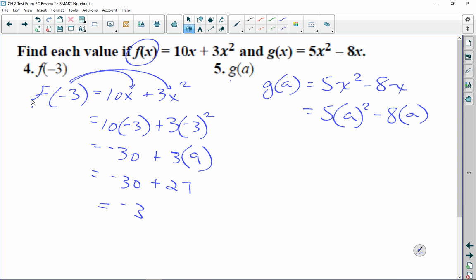Basically, just replace the x with the a. Got to do anything else there? No. The square's on the a, it's not on the 5. I'm done then. That's going to be my answer right here.